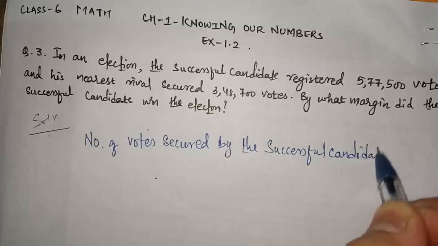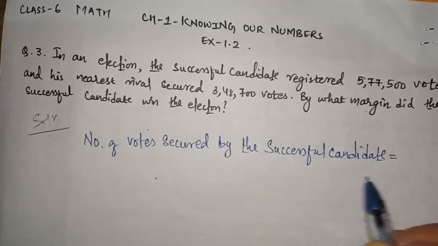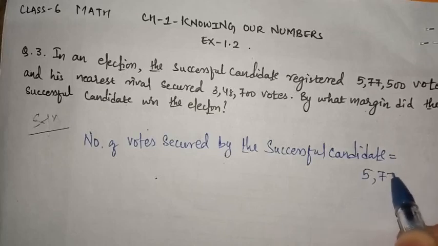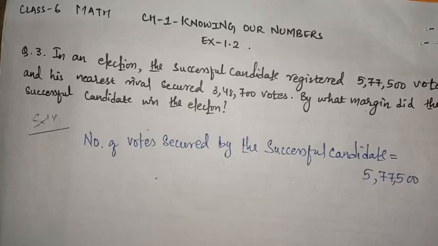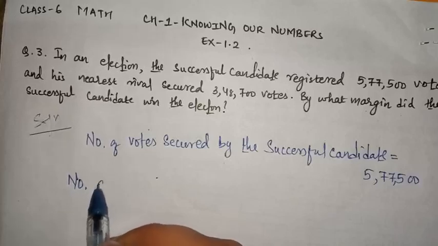So candidate is equal to, I'm going to write here, 5,77,500 votes, isn't it? Next, what is given? Number of votes.